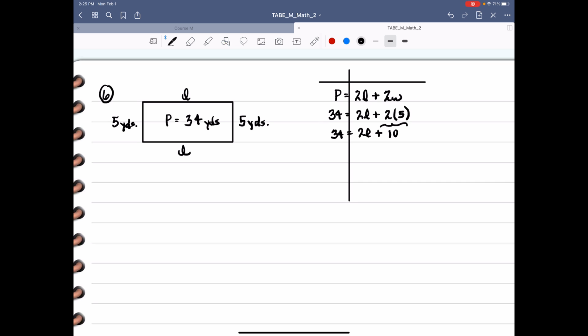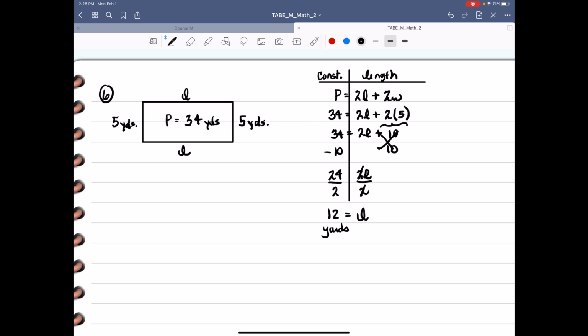Our length is on this side, that's the variable, and our numbers are on this side, that's the constant. So I'm going to move my 10 over here and cancel. So I'm left with 24 equals 2 times L. Divide by the coefficient. So L equals 12 yards.